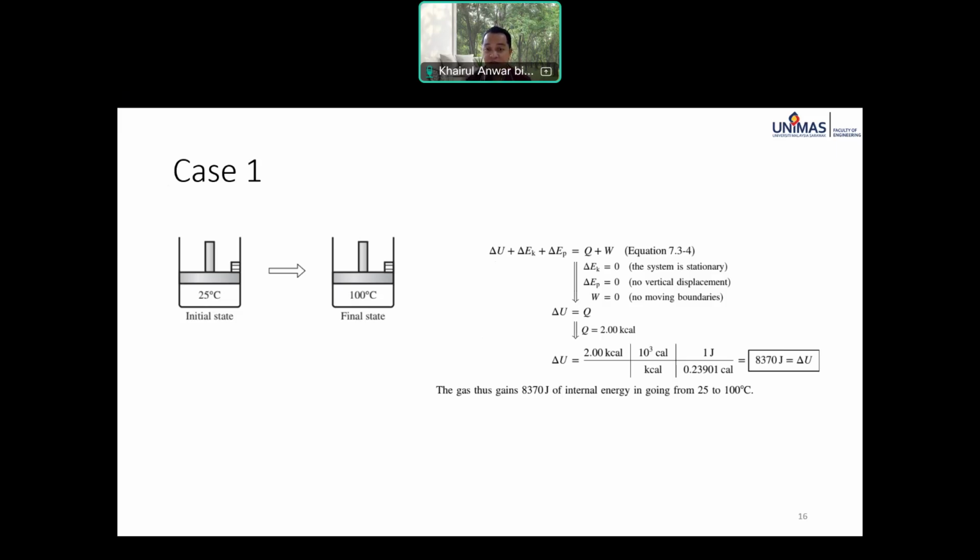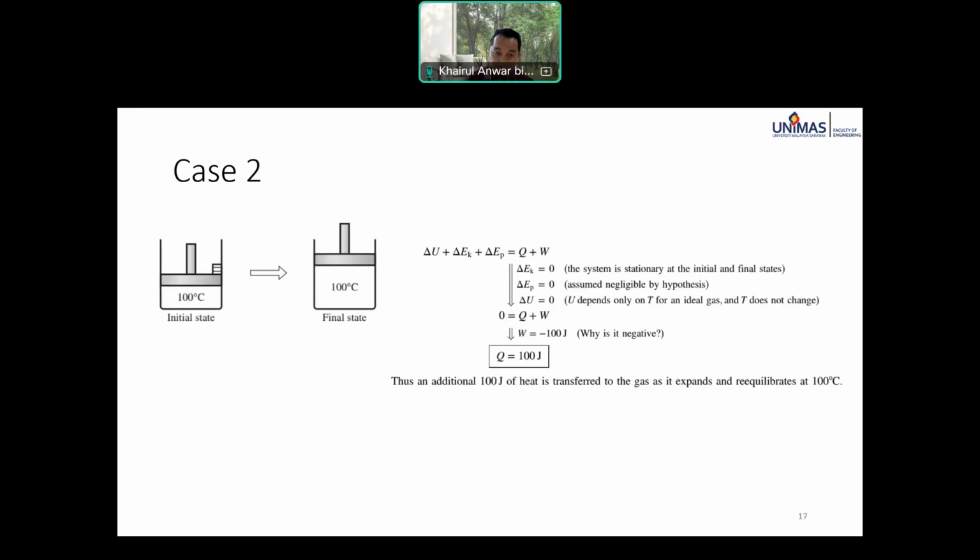So delta U equals Q. Q is 2 kilocalories, so change the kilocalories to joules. Conversion gives delta U equal to 8370 joules. So the gas gains 8,370 joules of internal energy as it is heated from 25 to 100 degrees C.